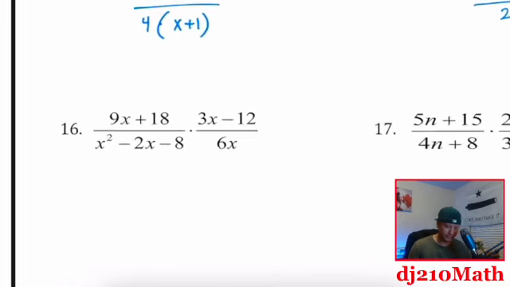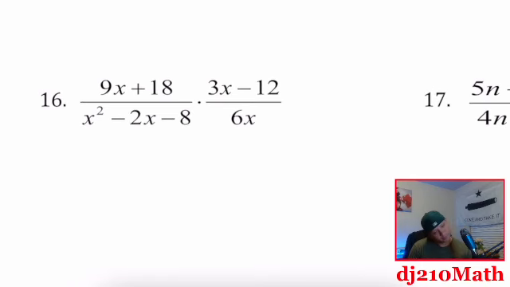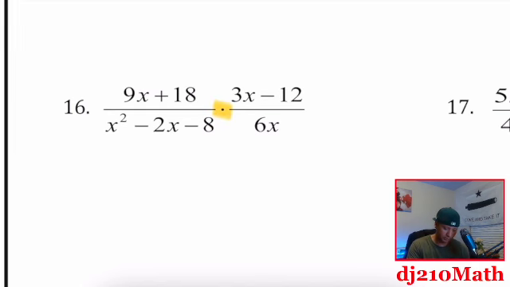Let's look at 16. Here we can definitely factor some things out. It's multiplication, so we can factor and then start trying to cancel. You can't cancel first, there's nothing that can cancel. So top left, 9 and 18, everything is divisible by 9.